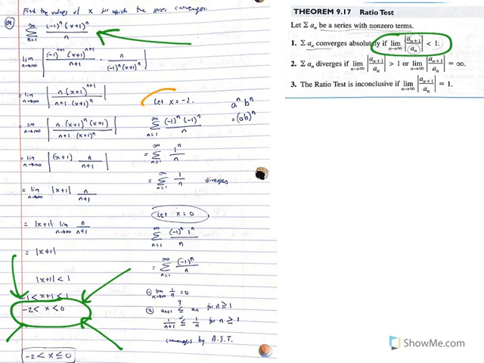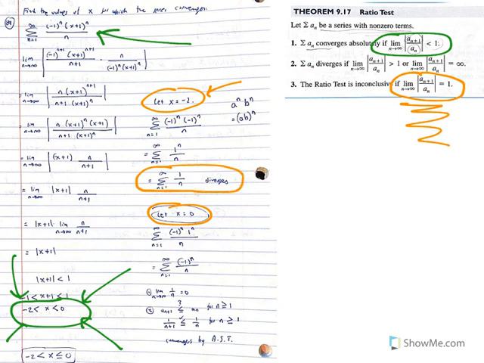But for x equal to negative 2, we had to do additional work because the ratio test was inconclusive at x equal to negative 2 and also at x equal to 0, because the limit from the ratio test would be equal to 1. So we were able to determine that when x is equal to negative 2, the power series would diverge, and when x is equal to 0, the power series would converge.